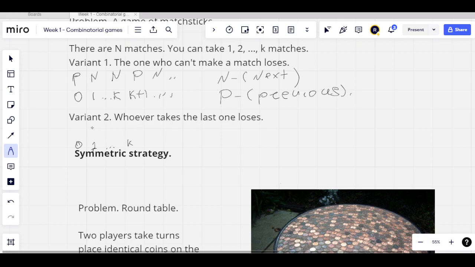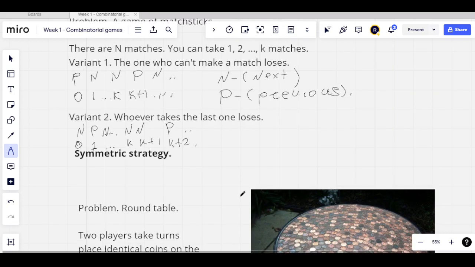How does our DP look like in this case? It will be a negative situation, then positive, and so on. Negative, negative, negative, and so on, and negative at 2, k plus 1, and so on positive. That's very simple, I think.